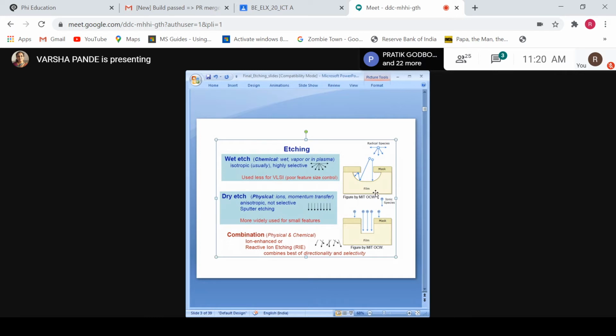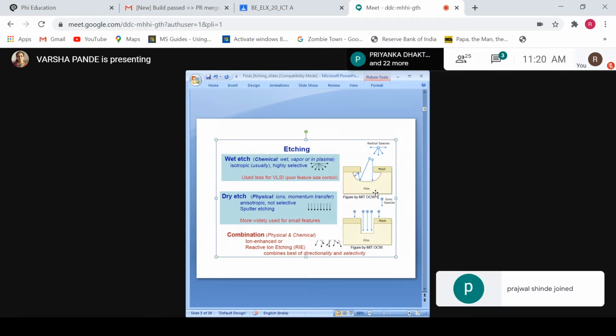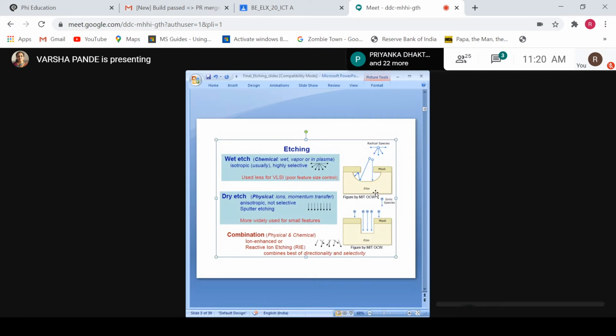But actually we want to etch in the vertical direction only. We don't want undercut etching or under etching, but this will happen due to wet etching. Wet etching is isotropic. The isotropic property means it will etch equally in all directions.